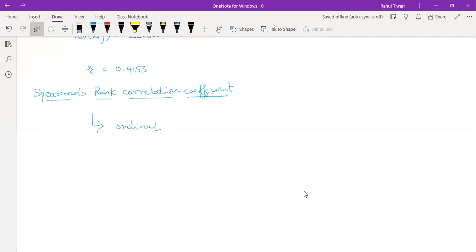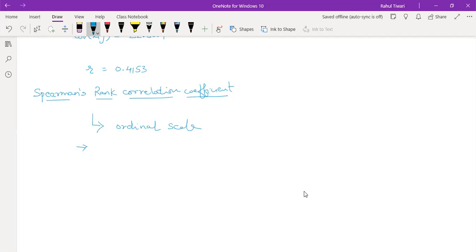Now what is ordinal scale data? For example, you are given the ranking of subjects, or the marks obtained in statistics, but given in terms of rank.